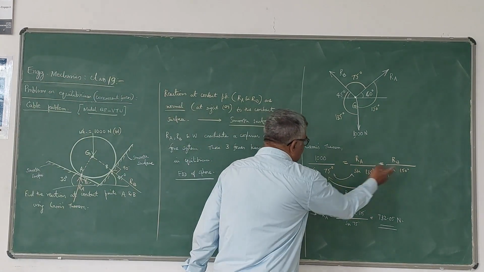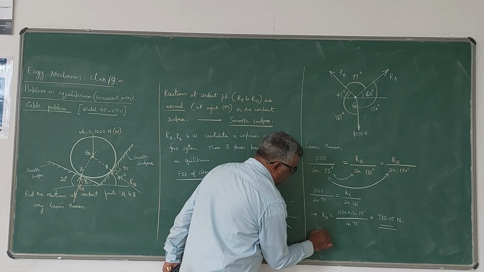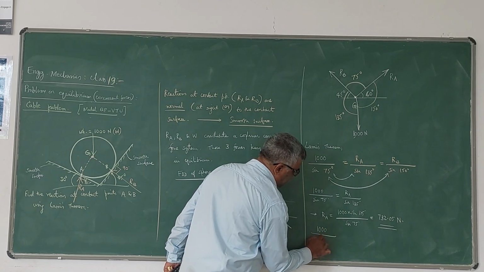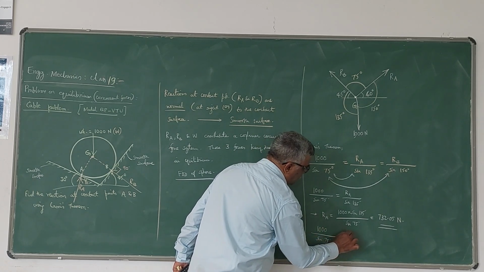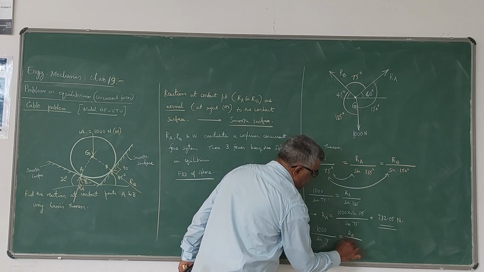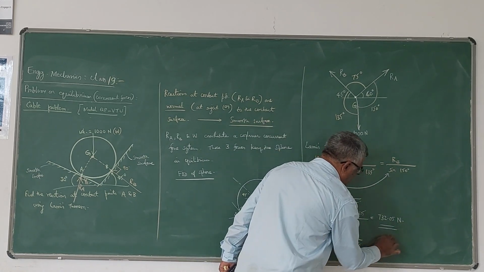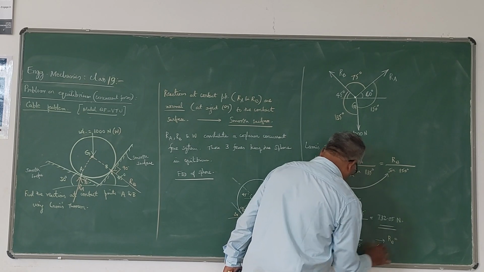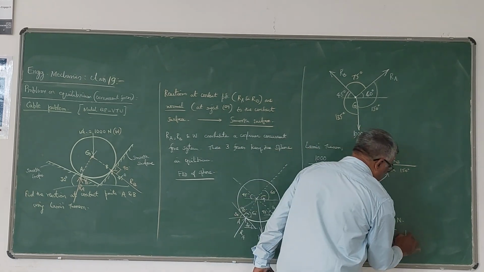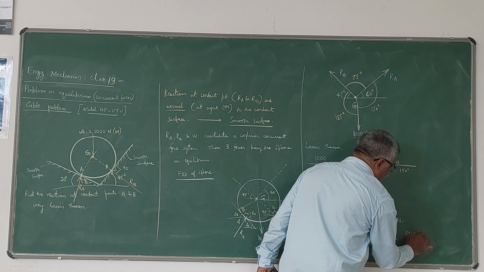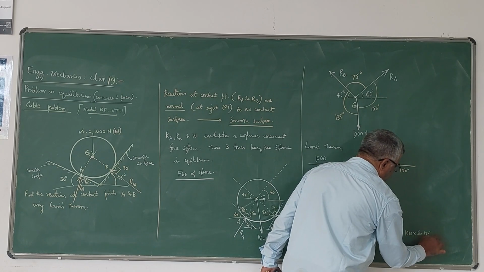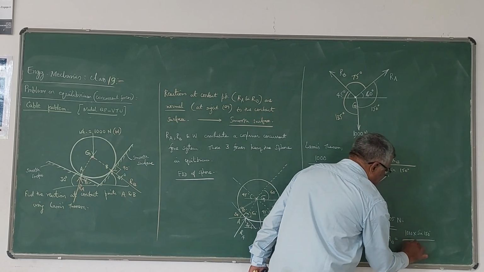Now consider the first and third. So 1000 divided by sine 75 is equal to RB divided by sine 150. From this RB will be equal to 1000 into sine 150, cross multiplication, divided by sine 75.